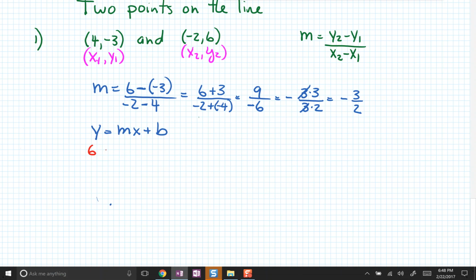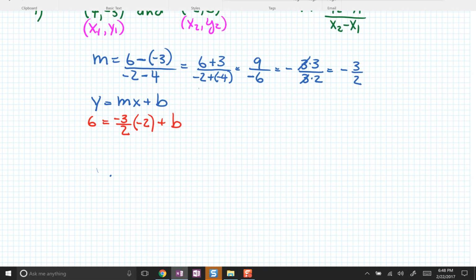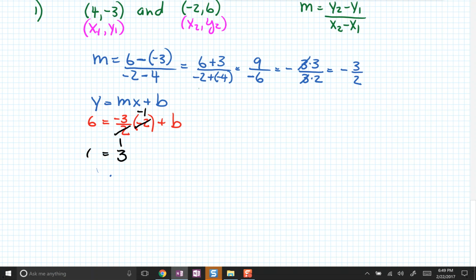So y is 6 equals m, which we've calculated as negative 3 halves, x is negative 2, plus b, and we just solve for b. Well, 2 goes into itself once, 2 goes into negative 2 negative 1 times, and then you have negative 3 times negative 1 is 3 plus b.